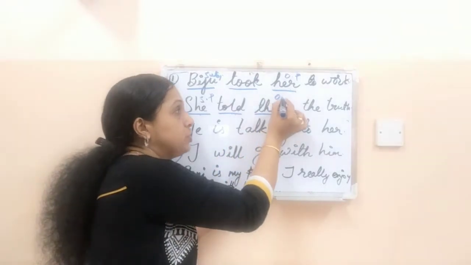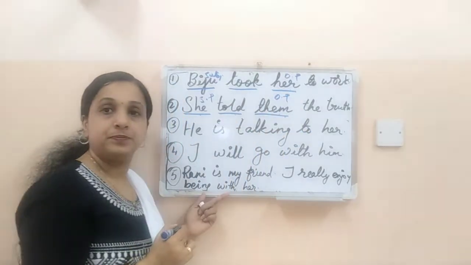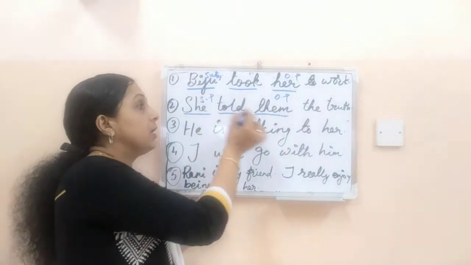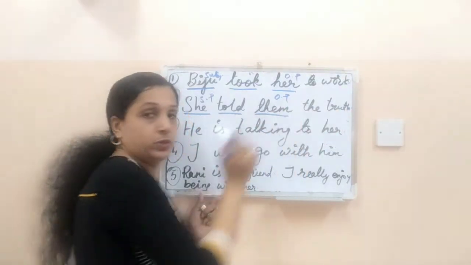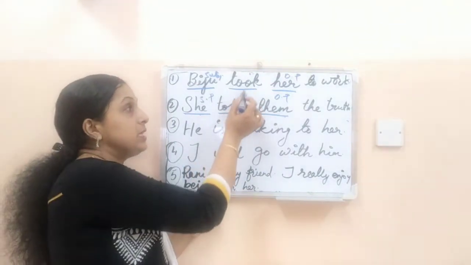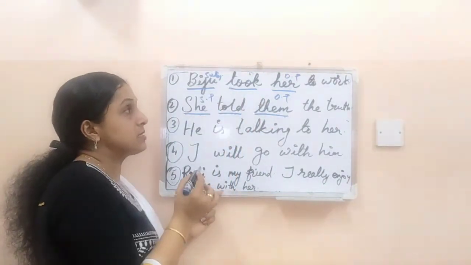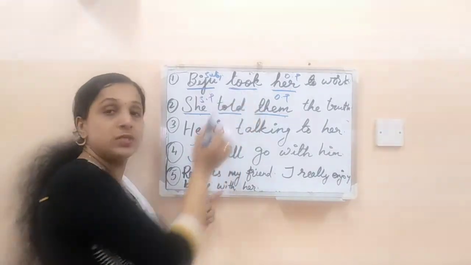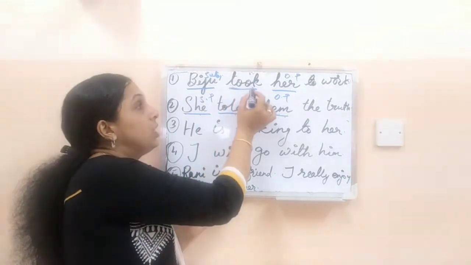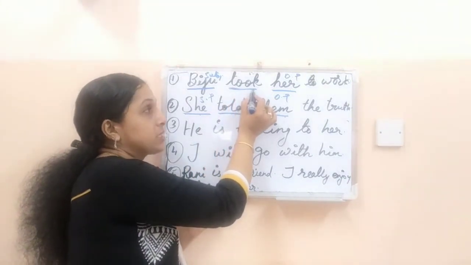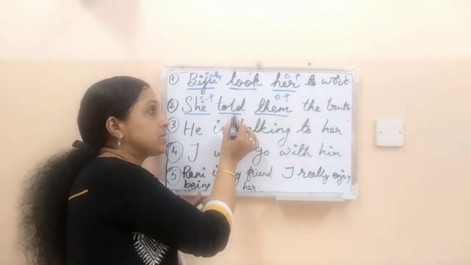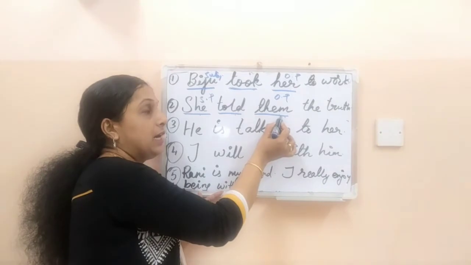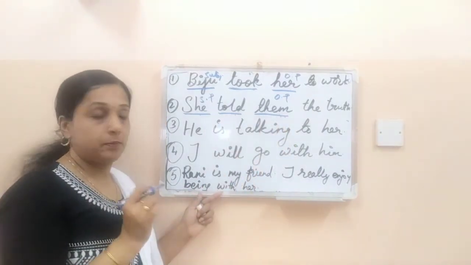That is the object pronoun. Who receives the action? Them. So look at these two sentences. Took is the action word. After that one object comes. Told is an action word. Again, after that one object pronoun.